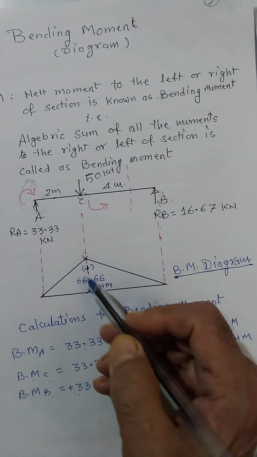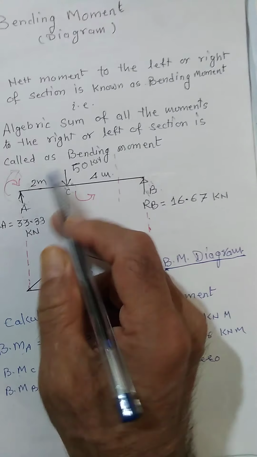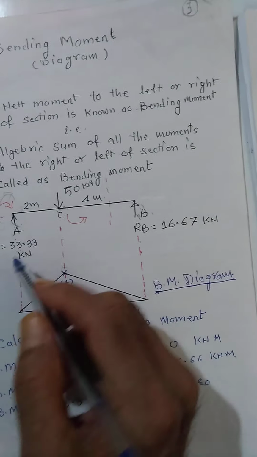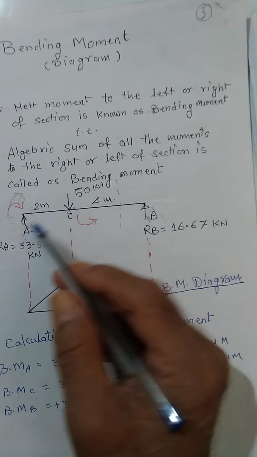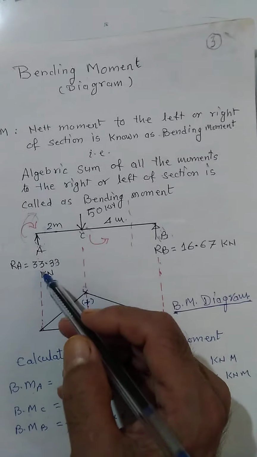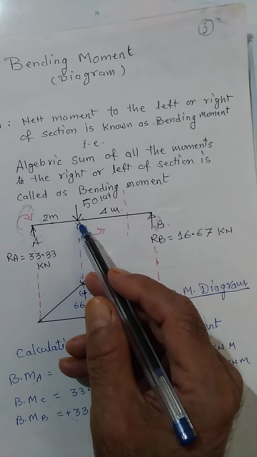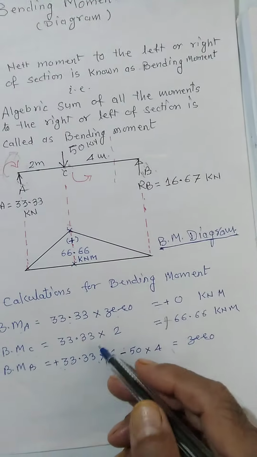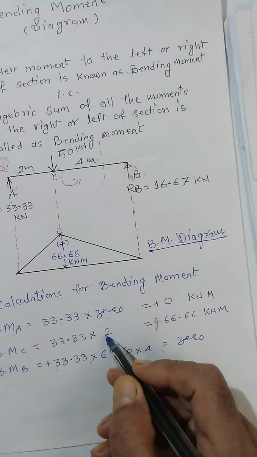Bending moment at C means we are only considering the left portion. So RA into this distance AC, that is 33.33 into 2. Again it is clockwise.